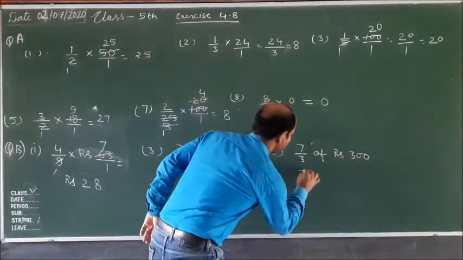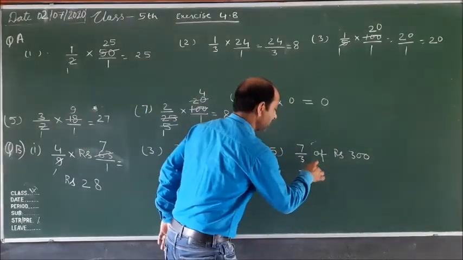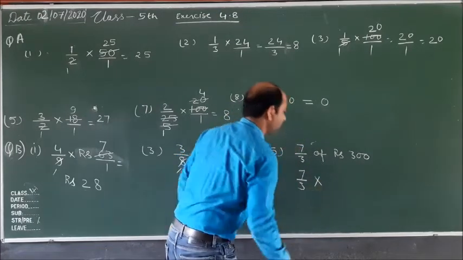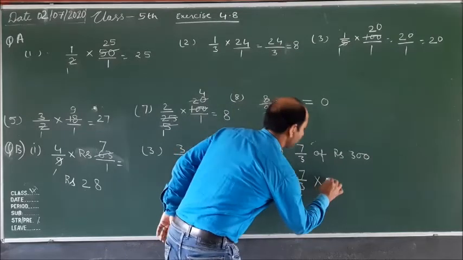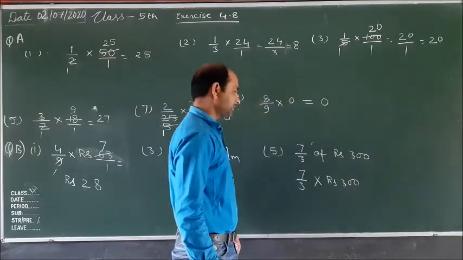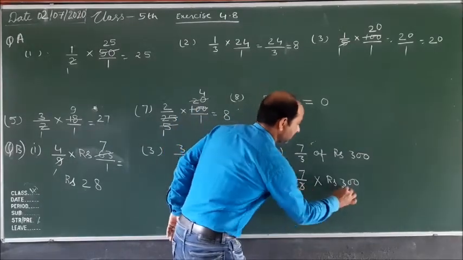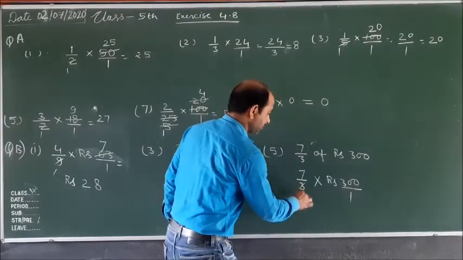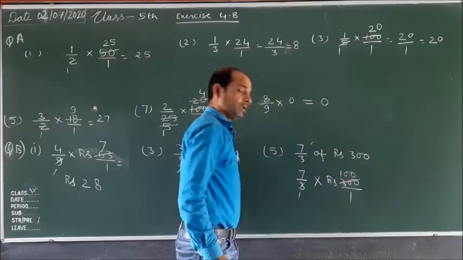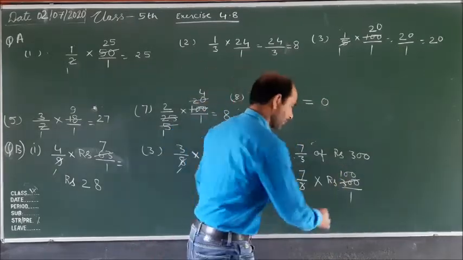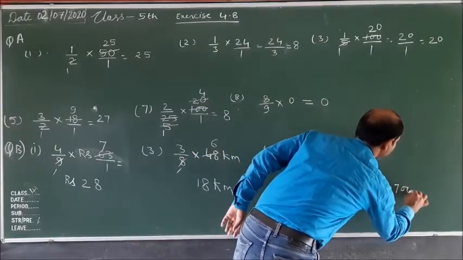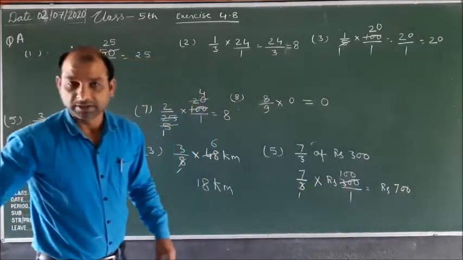So in place of 'of' we put the sign of multiply, then rupees 300. So my dear students, 3 ones are 3, 3 ones are 3, and double 0, 100, and 100 sevens equals rupees 700. This is your answer, my dear students.